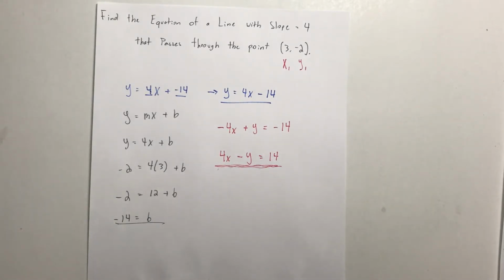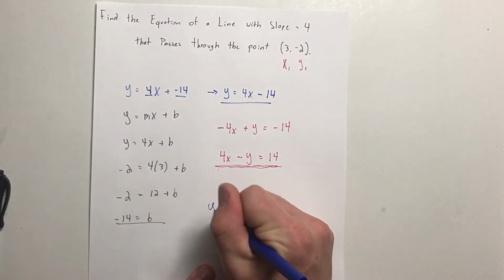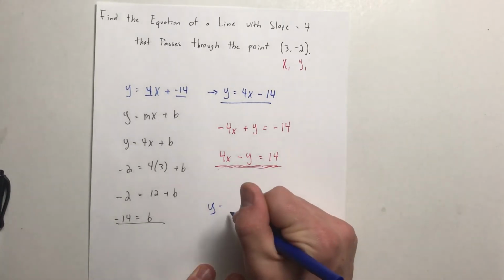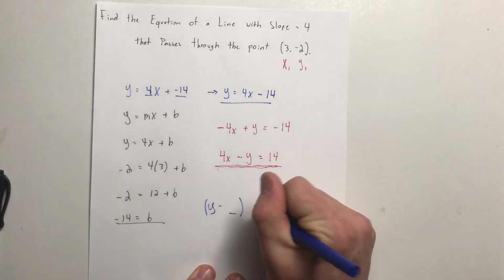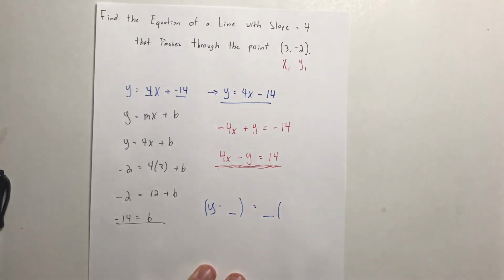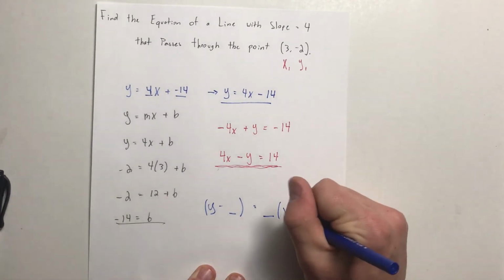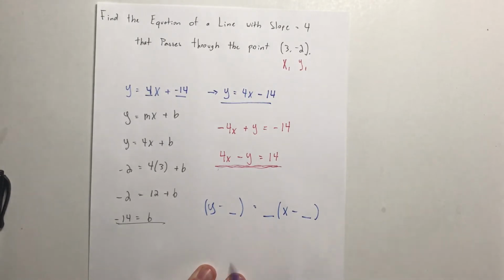So our last thing to do is we want to also get our point slope form. As a quick reminder, point slope form has the form y minus some y naught, I'm going to leave that as a blank, equals m, which is our slope, I'll leave that as a blank as well, times x minus some x naught, which I'll leave as a blank also.